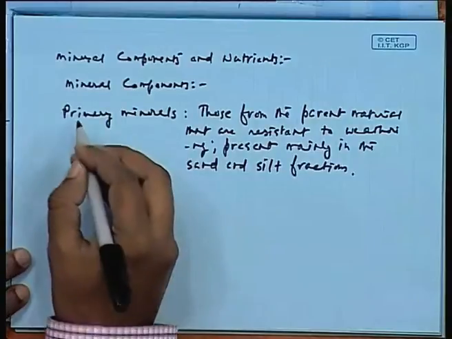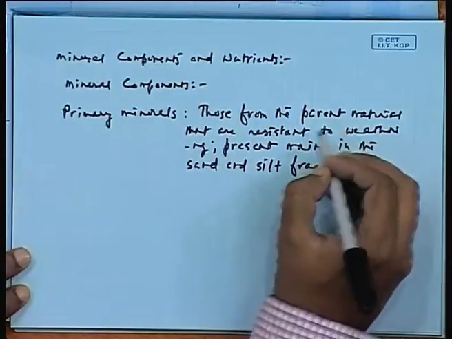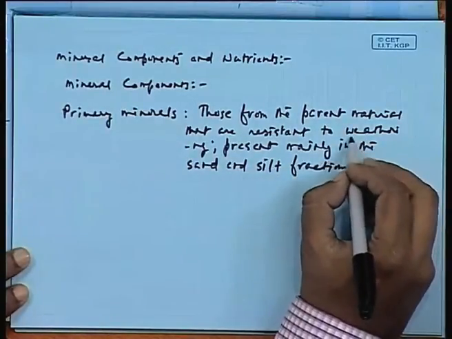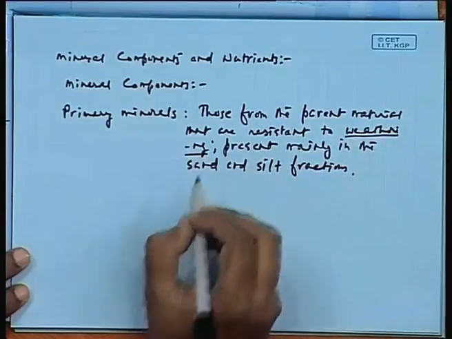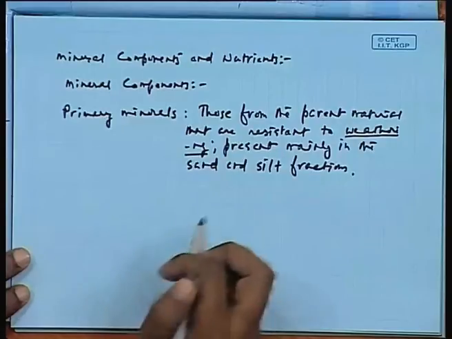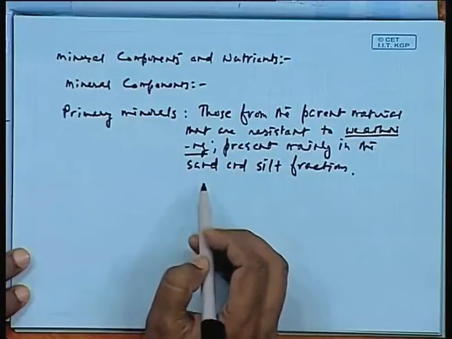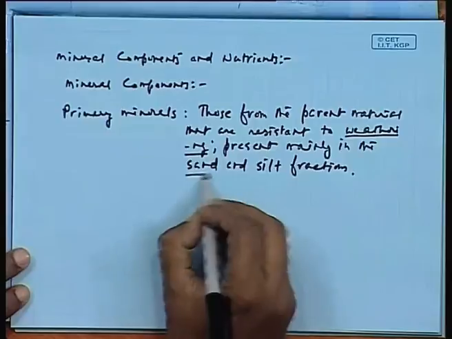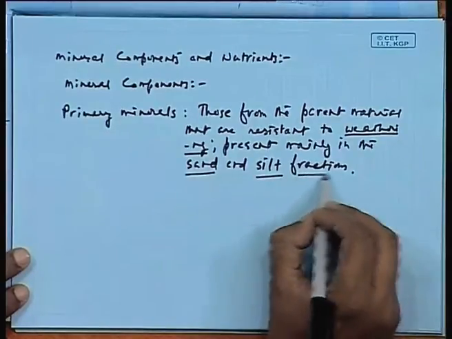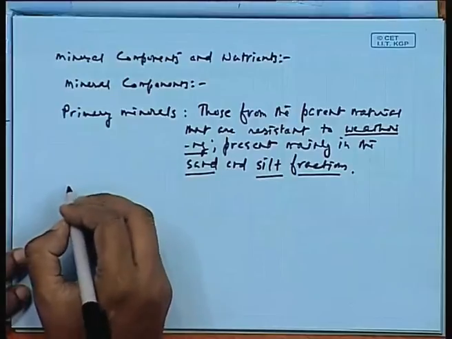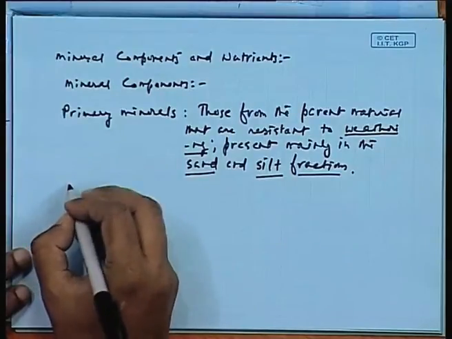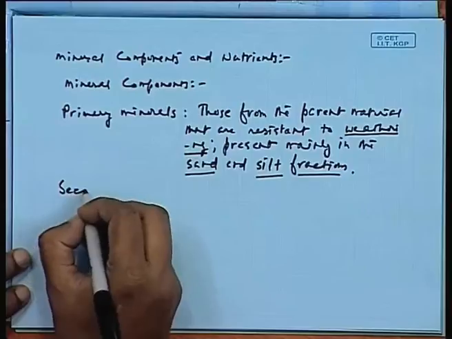You see, to identify this parent material, they are resistant to weathering, primarily oxidation, present mainly in the sand and silt fractions. They generally do not get weathered, they remain in the soil. But there are secondary minerals, which are essentially weathered products.